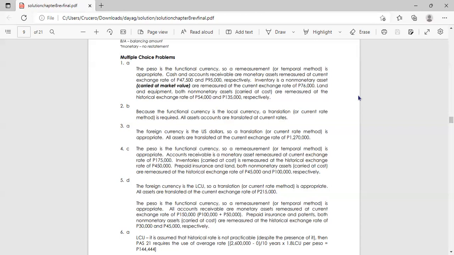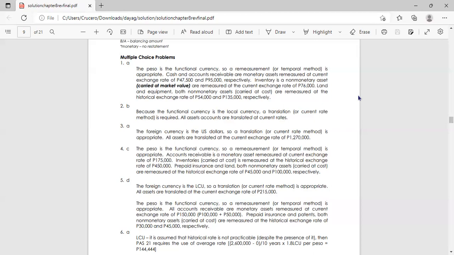So assuming that the functional currency of the subsidiary is the peso, what total amount should be included in Parker's consolidated balance sheet? So we have now the amount of 407,500. That is letter A.